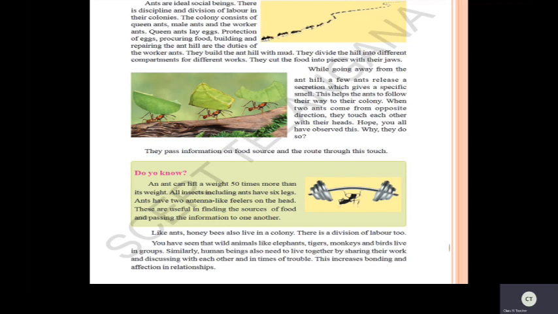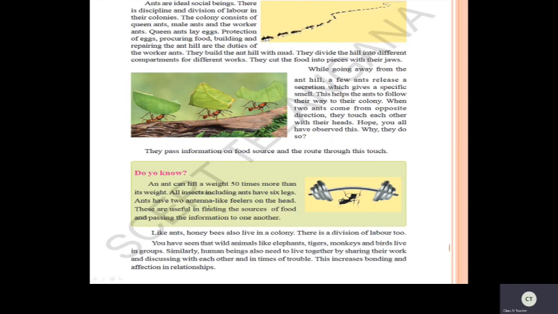If any danger is there, they will be sharing the information. How long the distance is, everything they will share by touching their heads with the help of antennae. So they pass information on food source and the route through this touch.